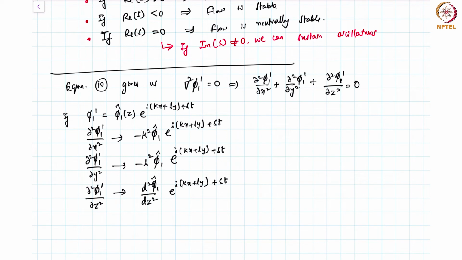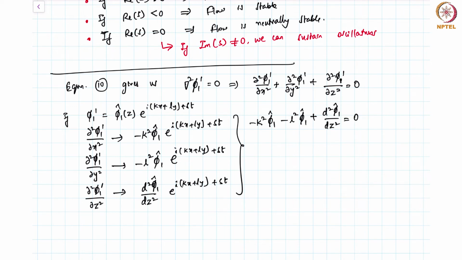If we substitute all these three things into the above Laplacian, what we now get is minus k square phi 1 hat minus L square phi 1 hat plus d square phi 1 hat by dz square is 0.